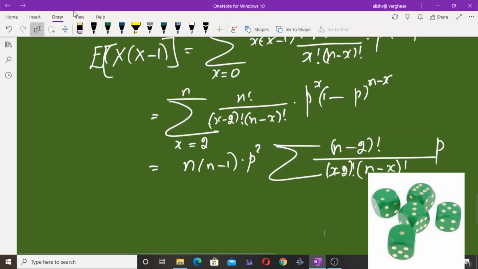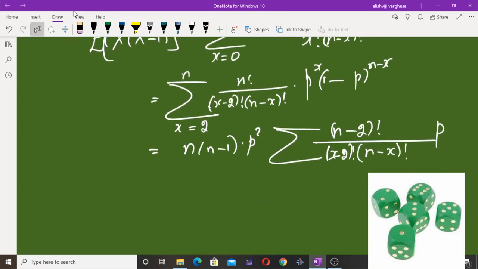And now I take a p square outside, so it is p raised to x minus 2, 1 minus p raised to n minus x.